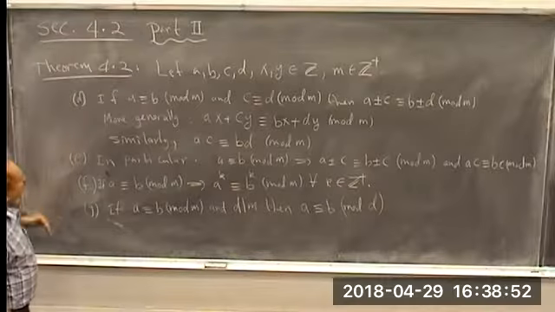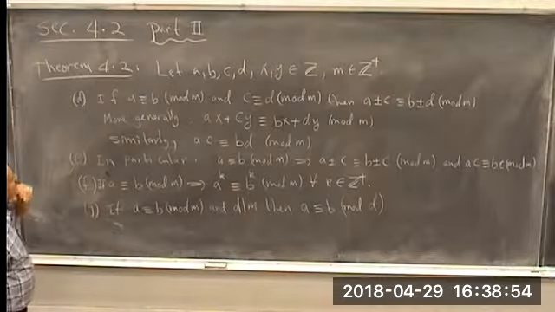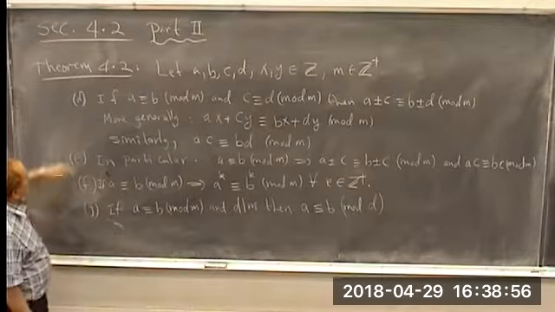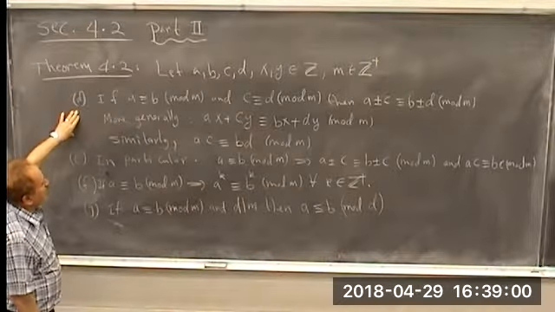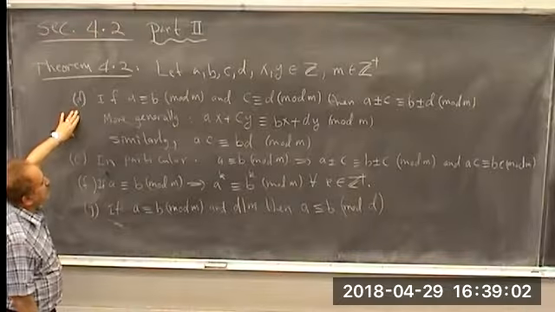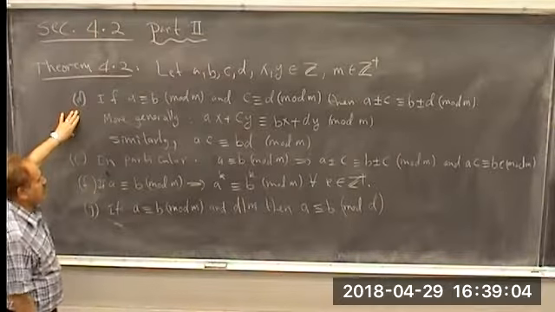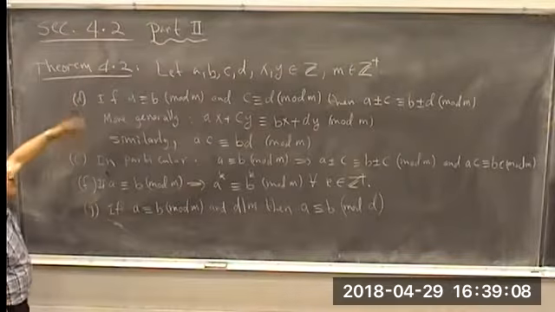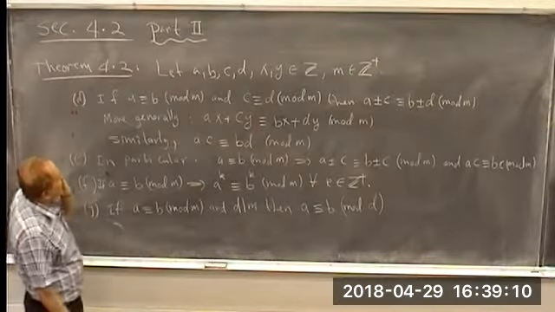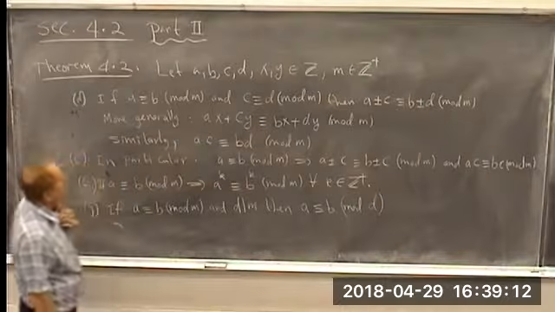Here, we could describe that these are properties to do with the behavior of the congruence relation with respect to addition, subtraction, and multiplication of integers, or actually adding or subtracting two congruences.